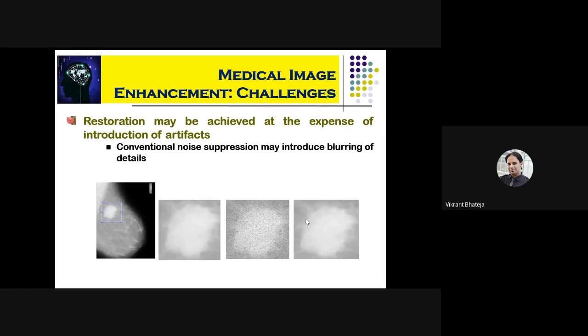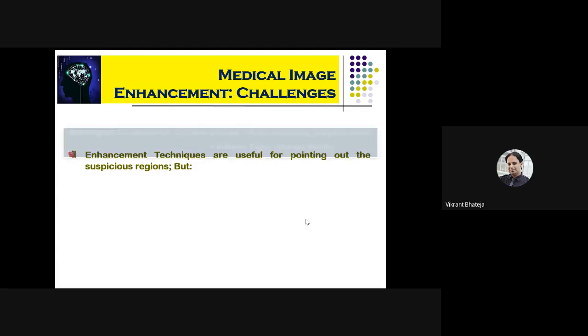This is the outcome if you filter too much just to remove the noise. You may do that, but that may be at the expense of losing the fine details for your diagnosis.